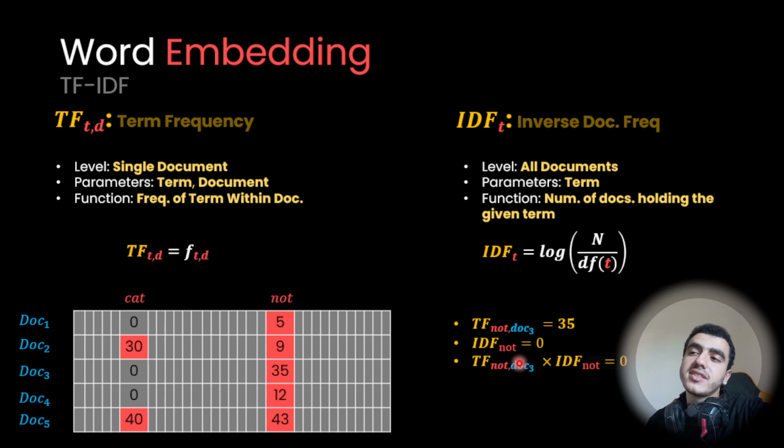It says that "not" exists across all the documents, so there is no indication that this token has any meaningful interpretation, because it actually exists across all the documents. If I remove it, I don't see any difference, okay?